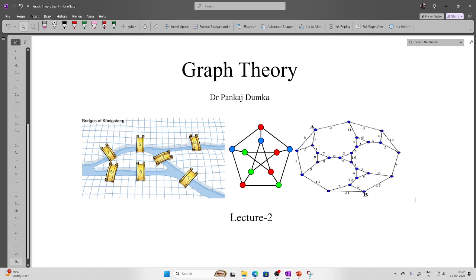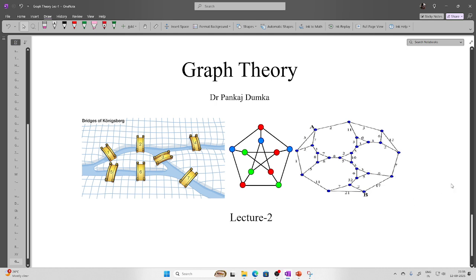In this lecture, we will be learning about the basic or major classification of graphs. And apart from that, we will also be learning about certain important terminologies related to graphs, which will be very helpful to understand graphs.